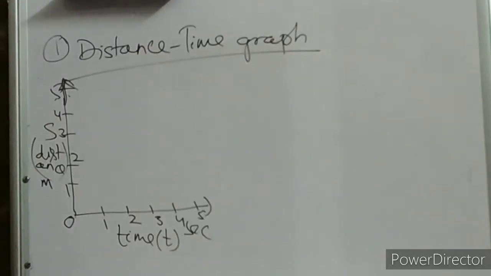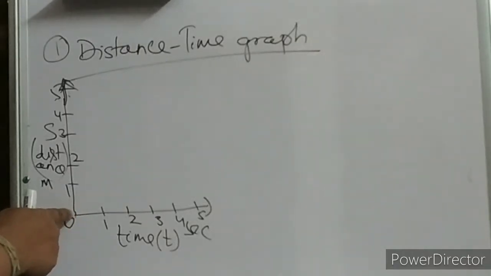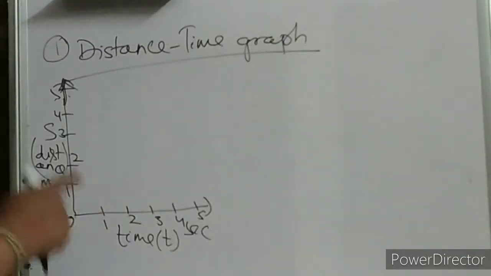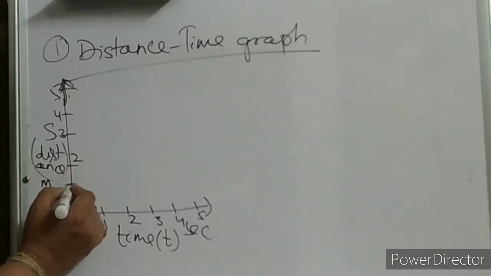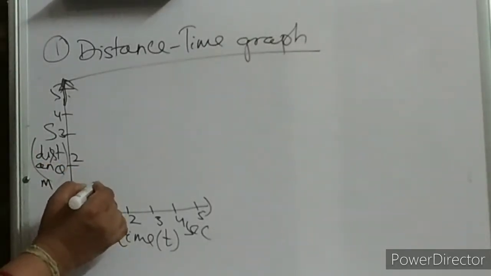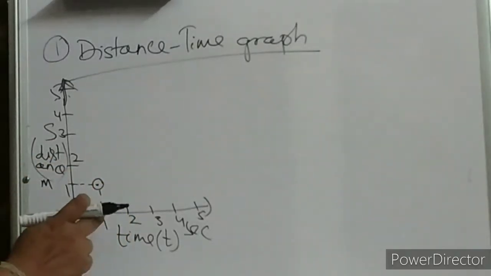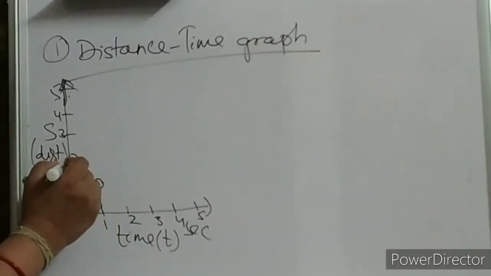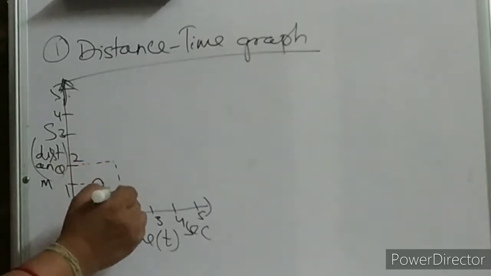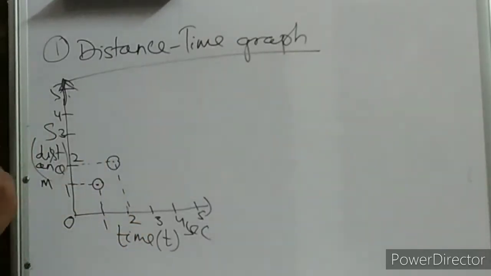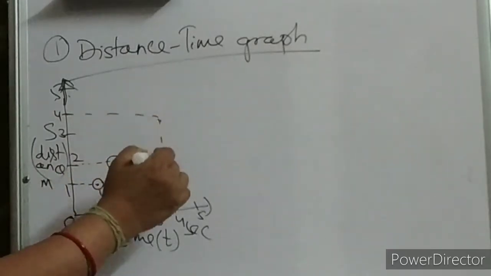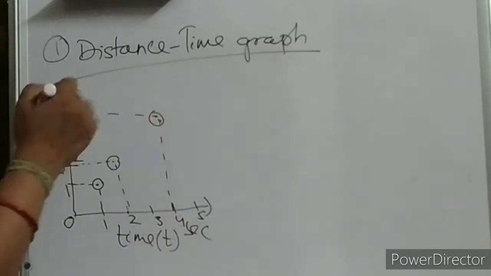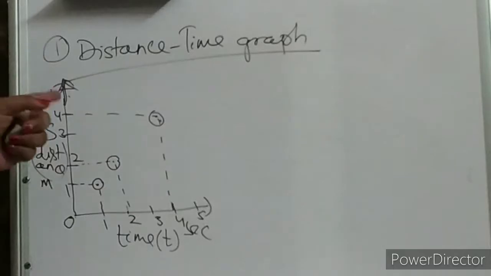That means the object will start moving from here. In the first 1 second, the object will cover 1 meter. In the next second, the object covers the next 1 meter, like this. In 4 seconds, the object has covered a distance of 4 meters.